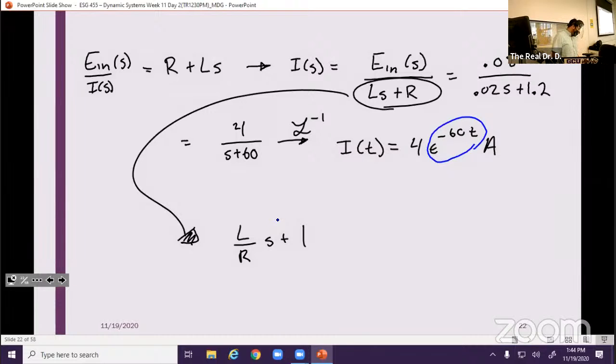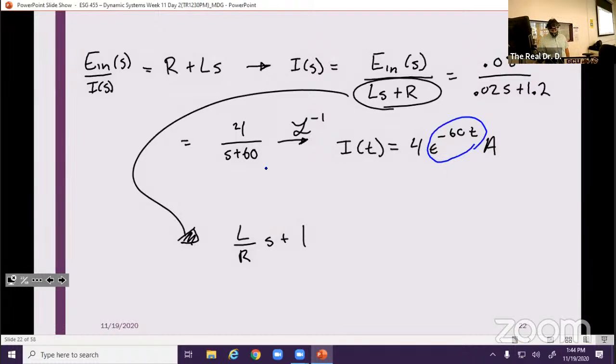Do you guys have a specific problem that you want me to do from the sheet? Op amp? What? Oh, okay. Yeah, the big circuit one.